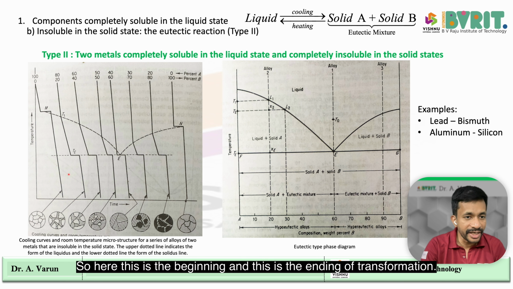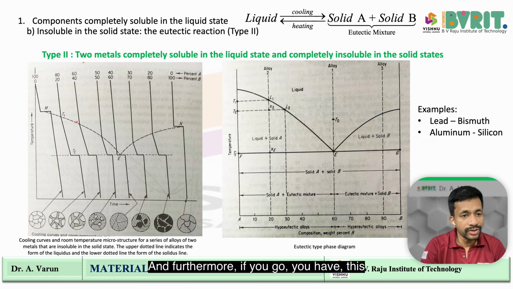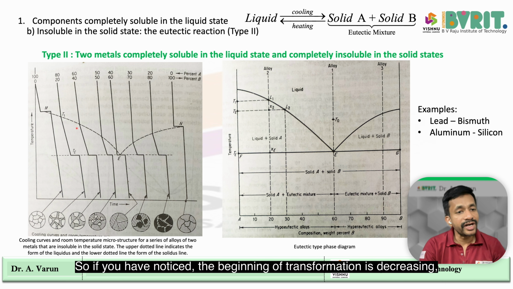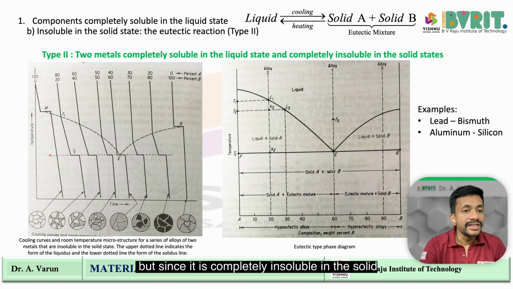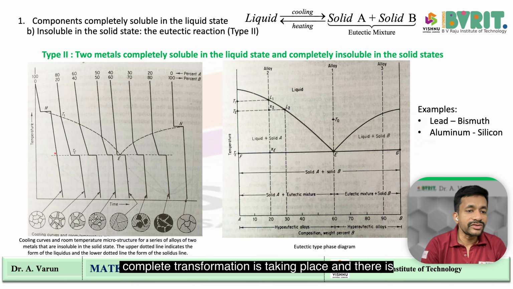Here, this is the beginning and this is the ending of transformation. And furthermore, if you go on, you again have the beginning and the ending of transformation. If you have noticed, the beginning of transformation is decreasing, but since it is completely insoluble in the solid state, there is a constant temperature at which the complete transformation takes place, and there is no solubility between the two solids.